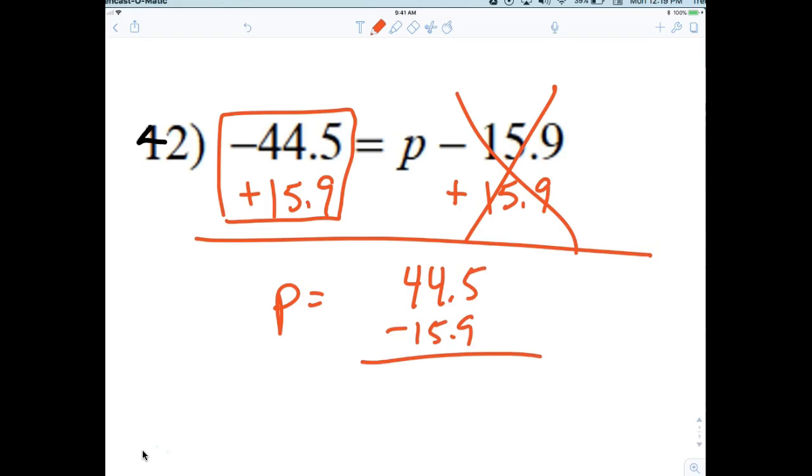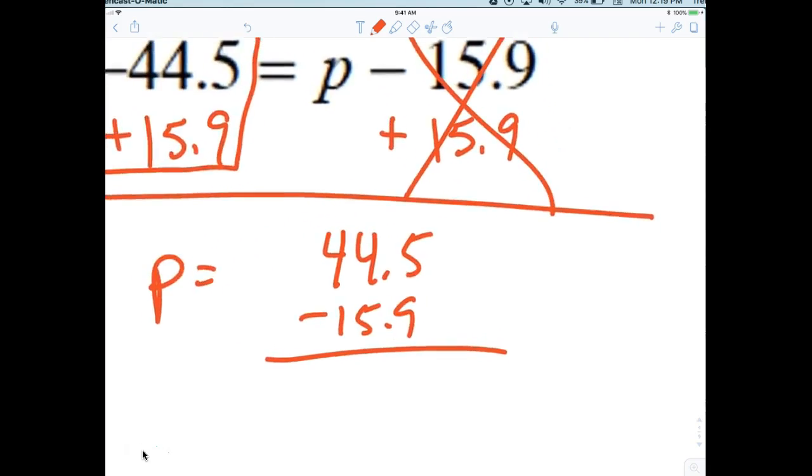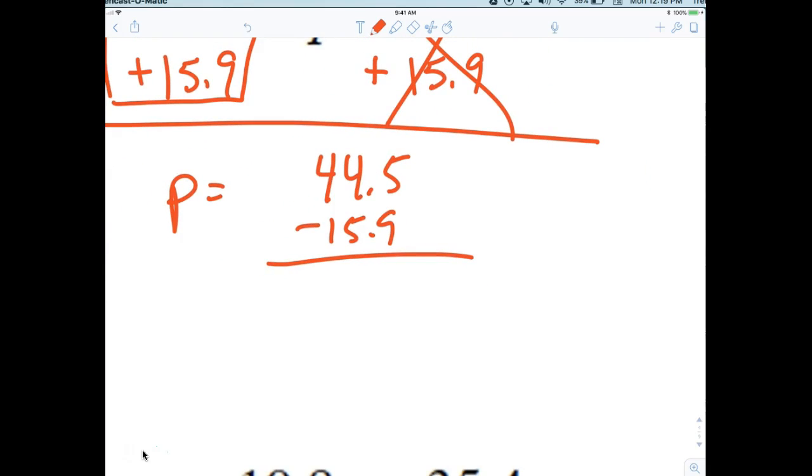I like to go from 15.9 to 44.5, but we're just going to subtract normally.